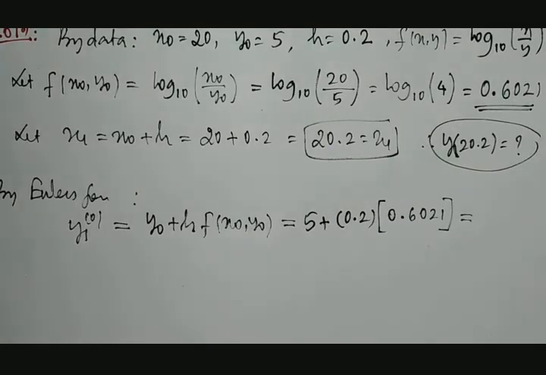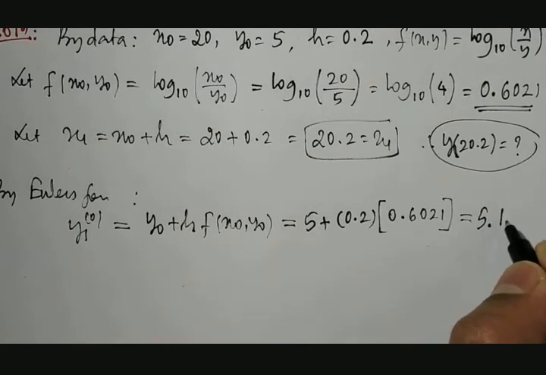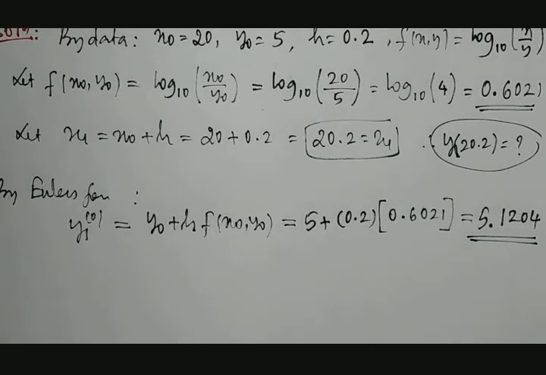If you calculate this through the calculator, this will be equal to 5.1204. So this is the predicted value, meaning our answer will be in the neighborhood of this.